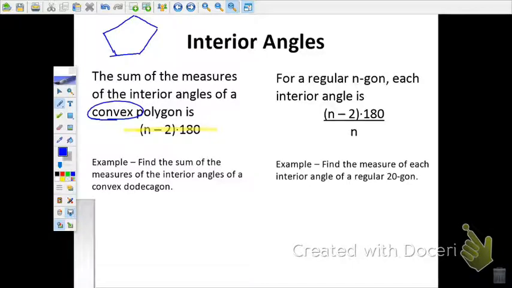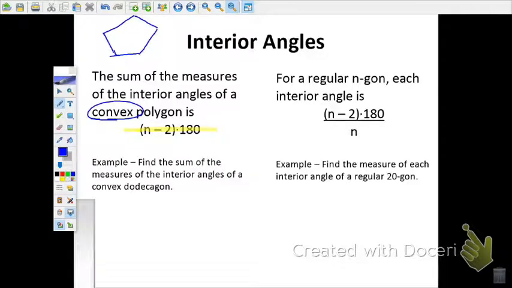The opposite of a convex polygon is a concave polygon. And a concave polygon simply means that one or more of the vertices, these corners, have caved in towards the middle.